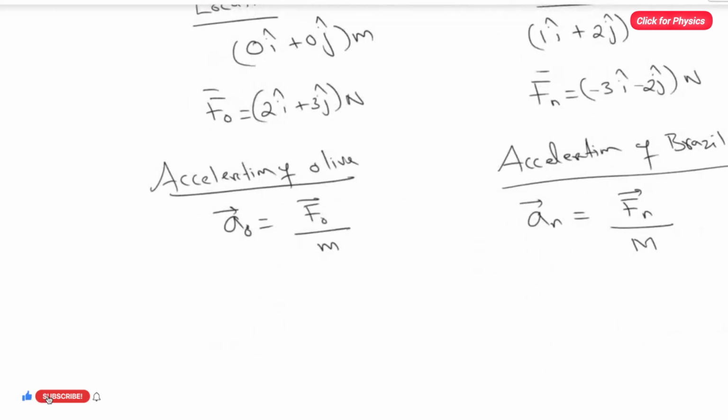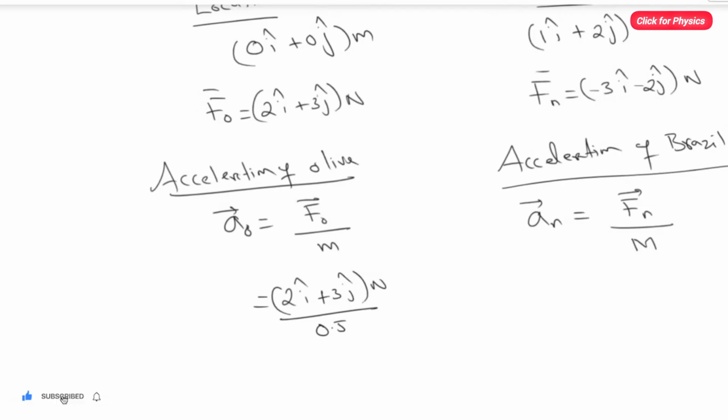So the force Fo is nothing but 2 i cap plus 3 j cap, so I can write here 2 i cap plus 3 j cap Newton divided by 0.5.